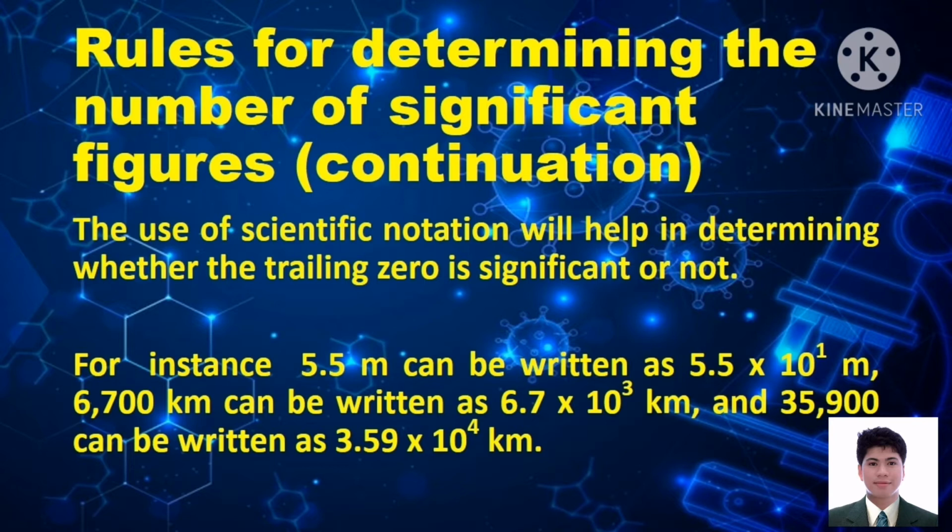And 35,900 can be written as 3.59 times 10 to the power of 4 kilometers.